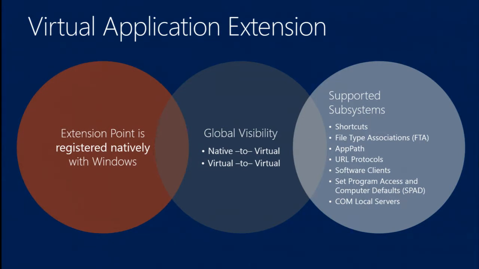Now the big thing on this particular list are the COM local servers. These are EXEs that are registered via the COM subsystem on the local system. What this means is that any native app or another virtual app, when it enumerates the COM servers, can find those and instantiate them and use them. Now, these are local COM servers at this point, so these are executables that run in their own process.